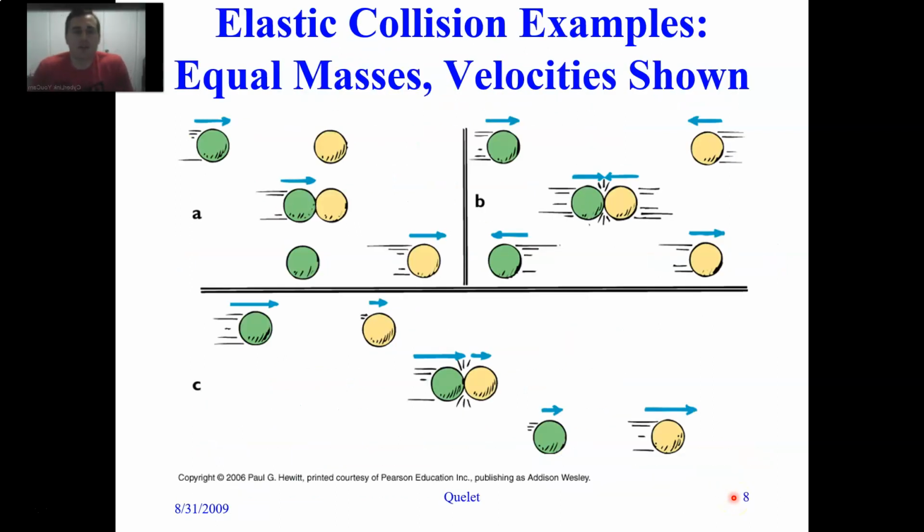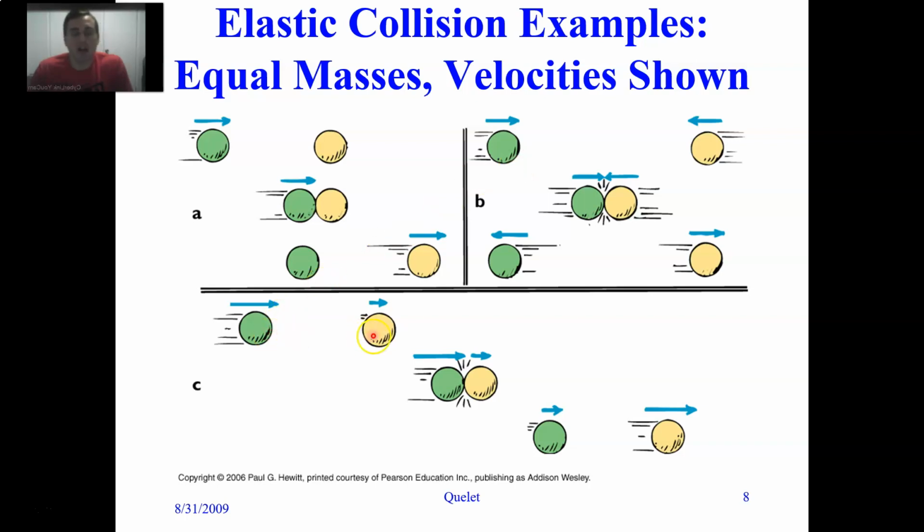Here's a pictorial way to look at some elastic collisions between these green balls and yellow balls. If they're the same mass and the green hits yellow, green then stops and yellow starts moving. If they're moving in opposite directions and then they collide, green takes on yellow's original velocity, and yellow takes on green's original velocity.